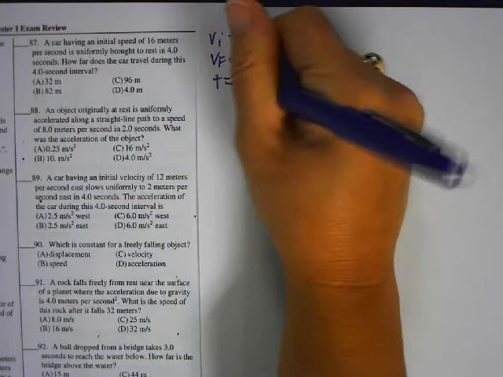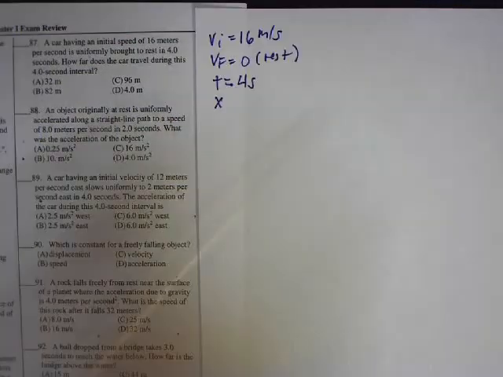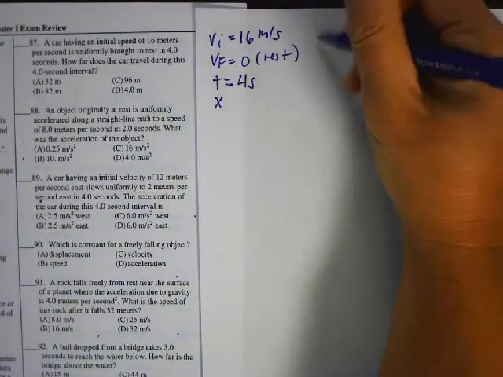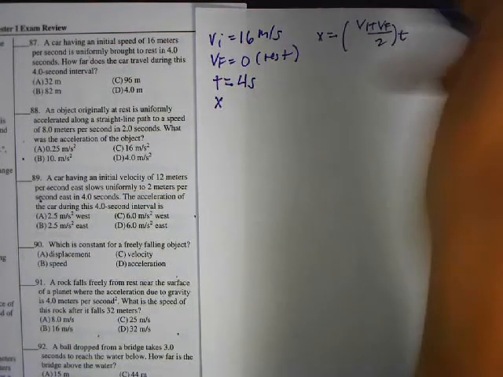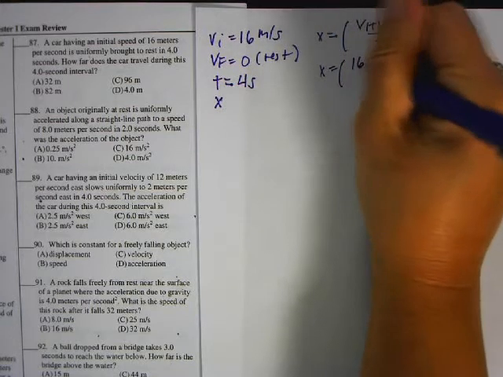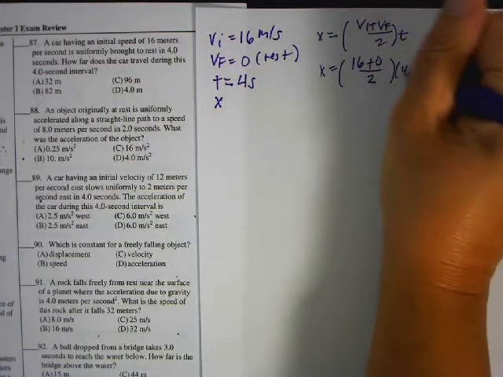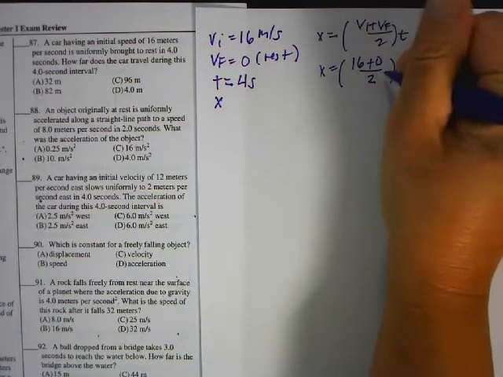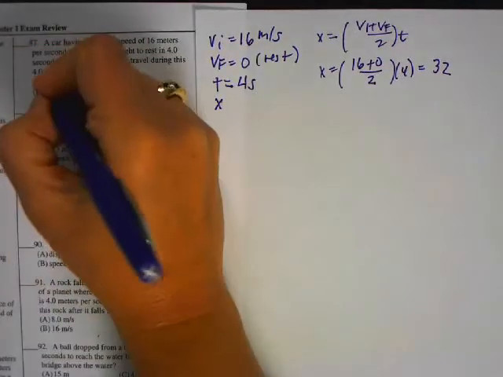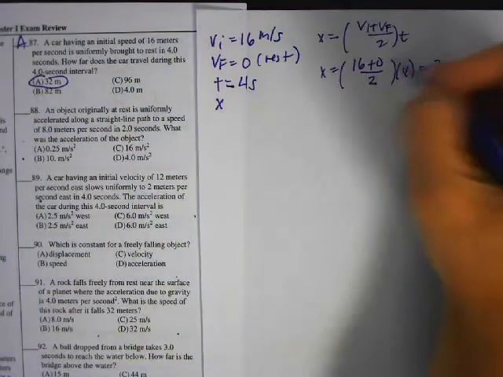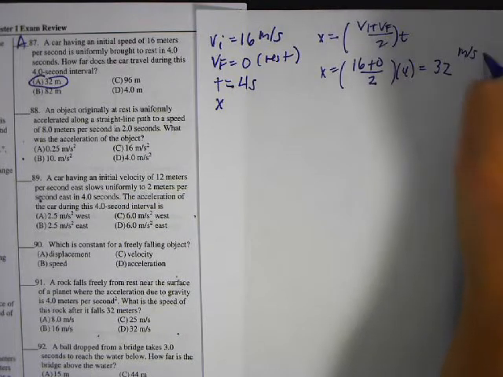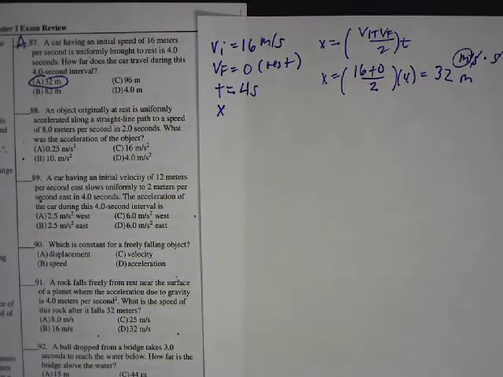So T is equal to 4 seconds, and I want to find X. My equation that has those variables is X is equal to VI plus VF over 2 times T. So X is equal to 16 plus 0 over 2 times 4. 16 divided by 2 is 8, times 4 is 32. If I want, I should carry my units through and cancel them. In the numerator, I have meters per second times a second, so the seconds cancel, and I end up with meters, which is the correct unit for displacement.